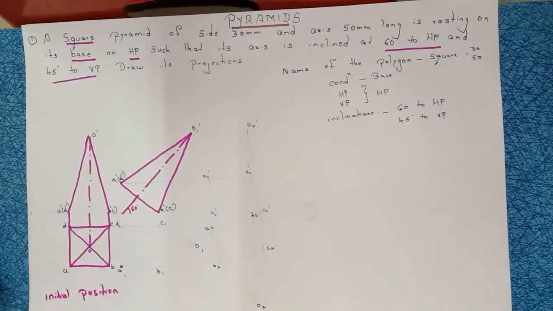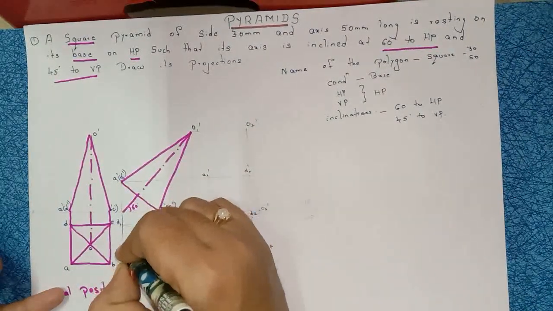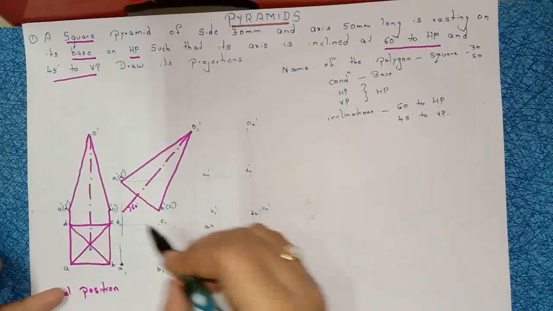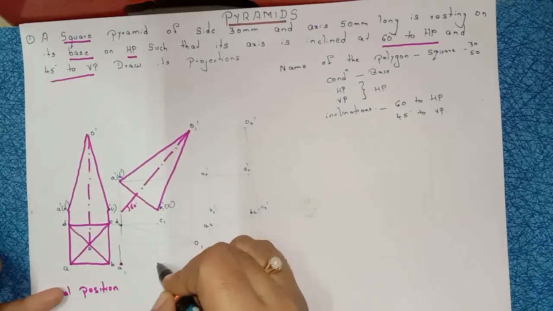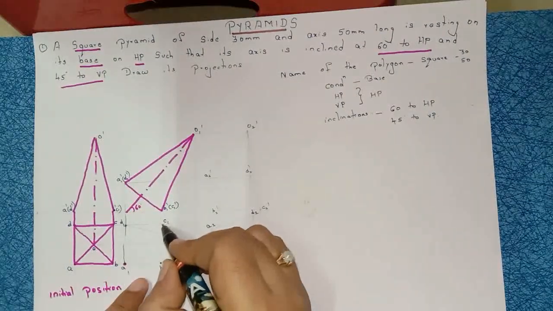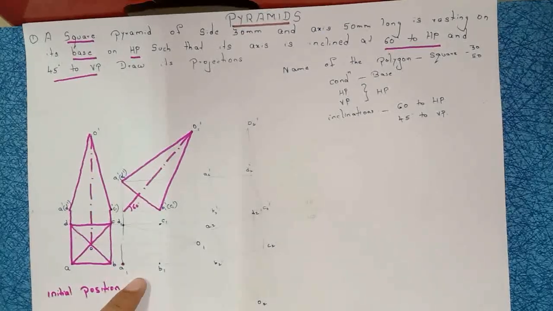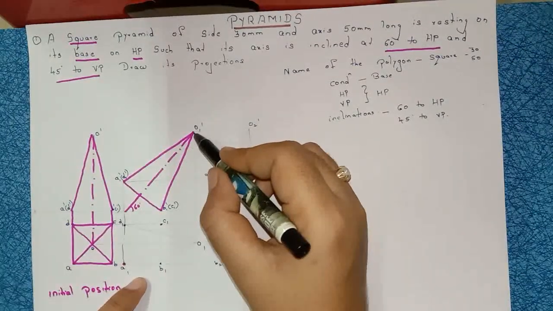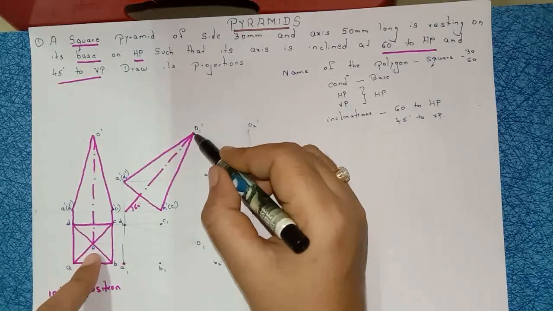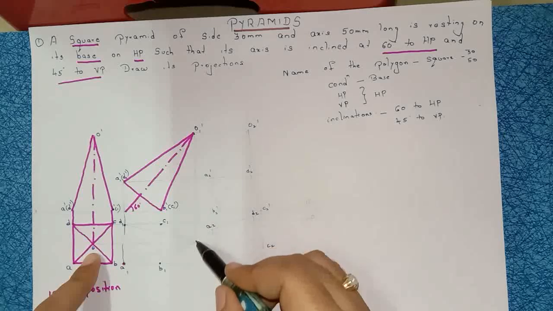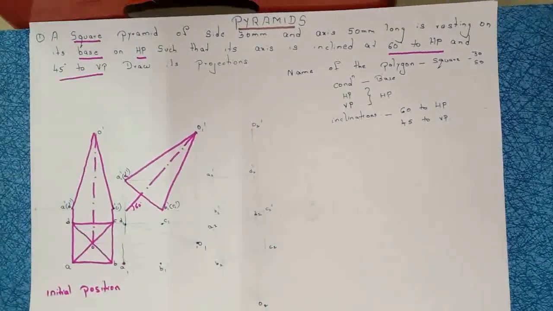Name it as A1. This is your point A. Next, this is the D point. Then from B draw a straight line to B, and C to C. The important thing is that from the O point also, you have to draw the projection line till this O point, and name this point as O1.